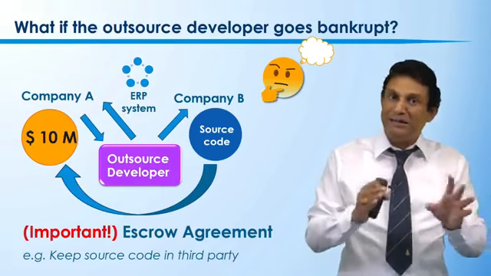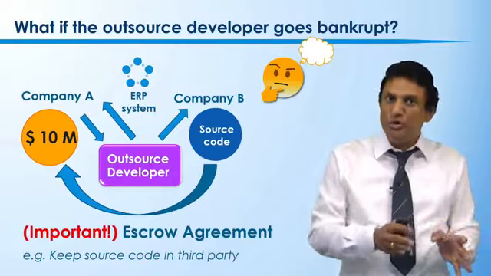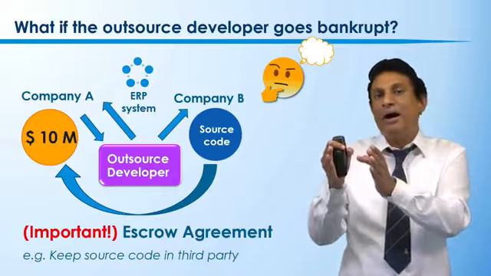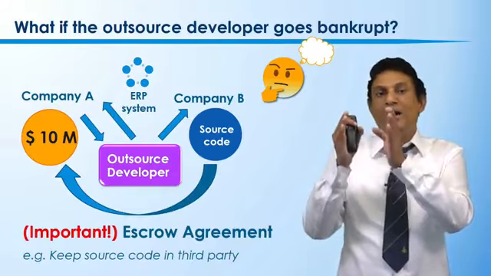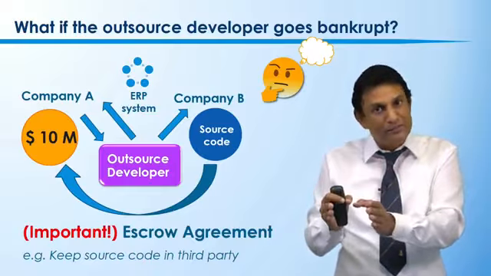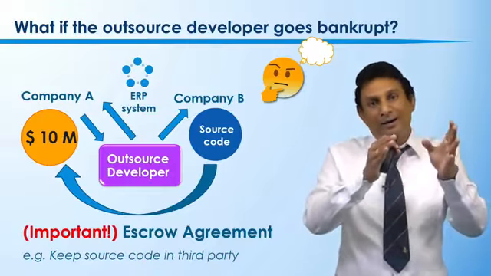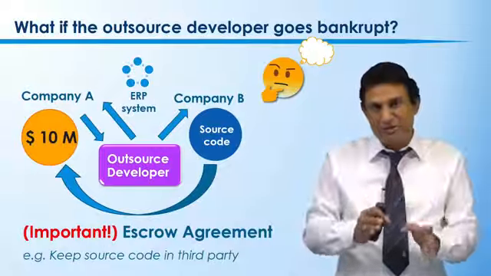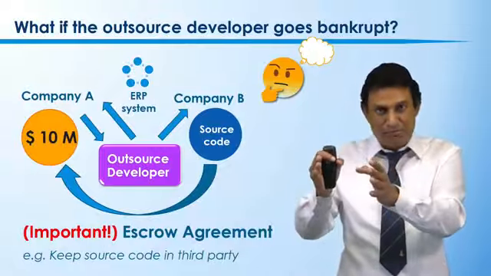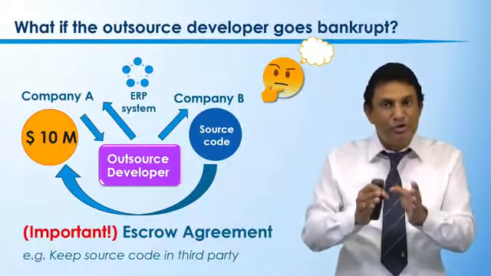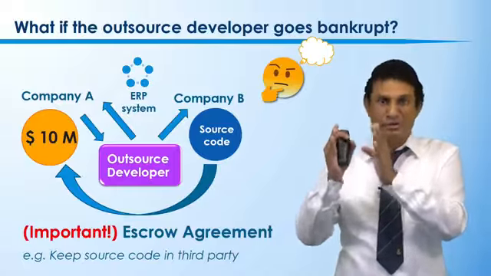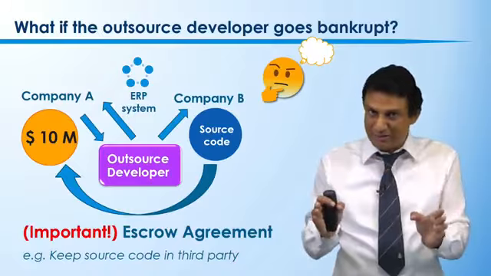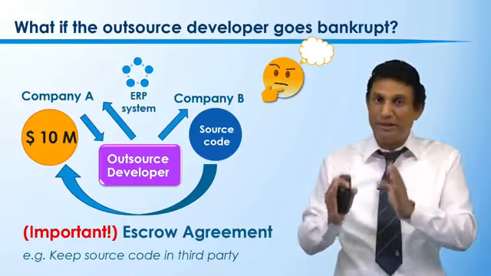Then both parties, the developer and you, will have a third party, maybe a Big Four company, that both you as company A and the developer trust, and the developer is going to keep the source code with that third party. You will not have any access to it, but the third party keeps the source code.